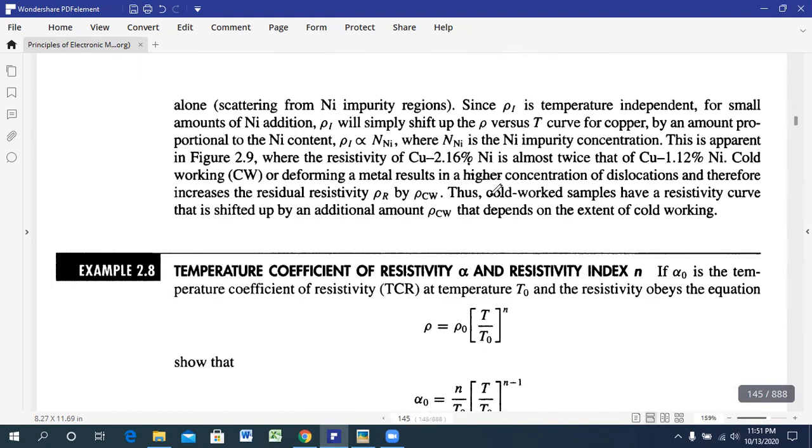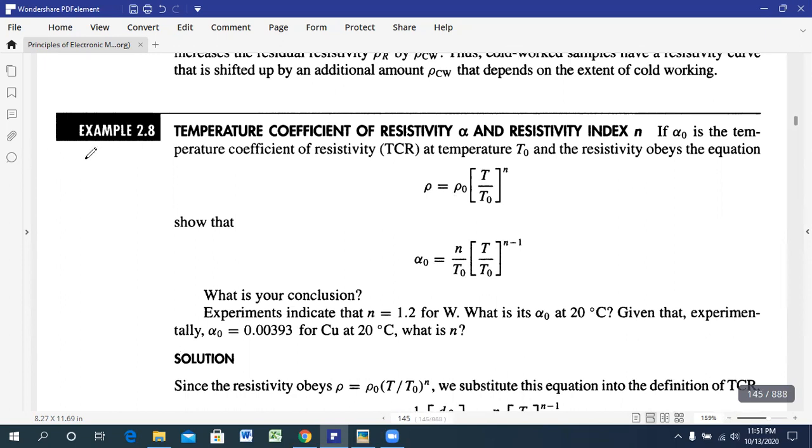Next, example number 2.8 is maybe for a pure metal, the temperature coefficient of resistivity alpha and the resistivity index n. If alpha naught is the temperature coefficient of the resistivity, that means TCR at temperature T naught, and the resistivity obeys the equation rho equals rho naught (T divided by T naught) to the power n, show that alpha naught equals n divided by T naught times (T by T naught) to the power n minus 1.